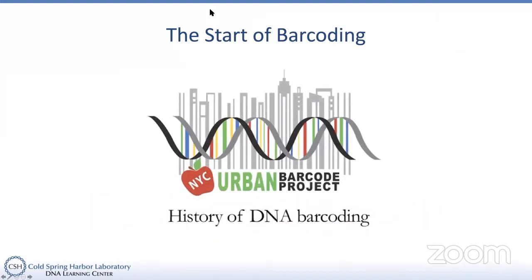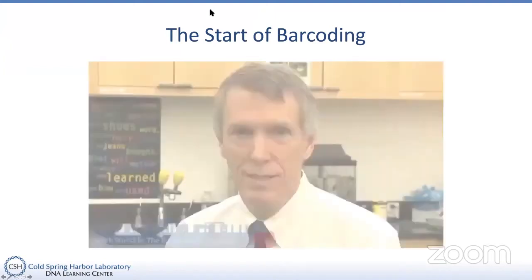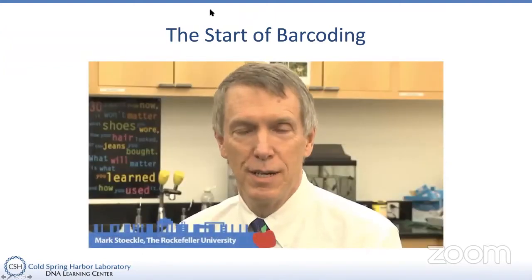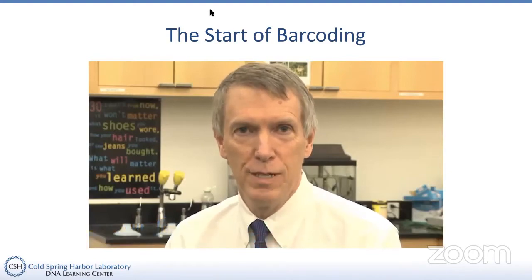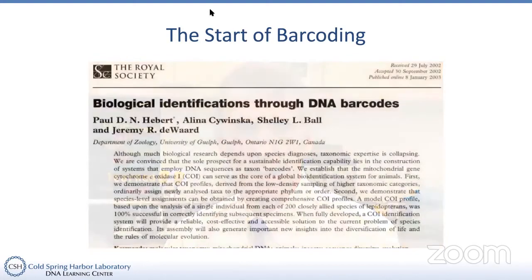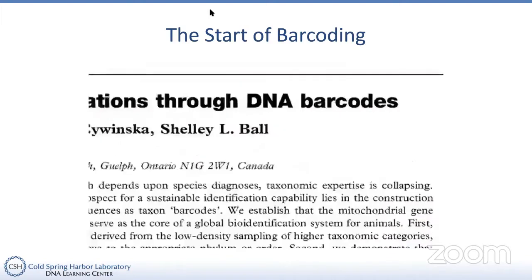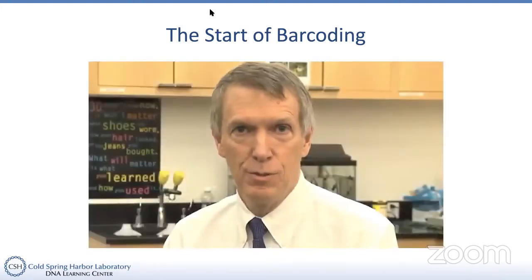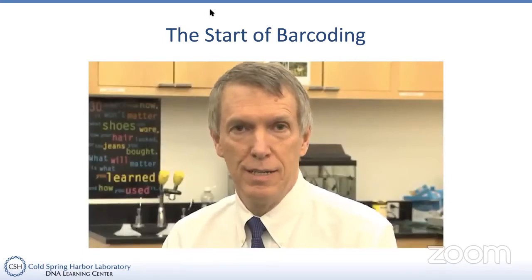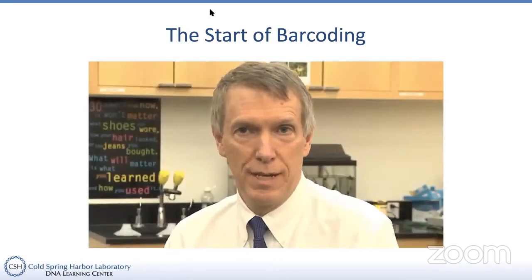DNA barcoding really started in 2003, and it started with Canadian scientist Paul Hébert at University of Guelph, who wrote a paper saying that we could use short DNA sequences from a certain standardized region of the genome to identify species. And he said, we could call these DNA barcodes.